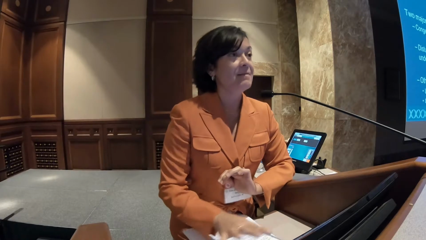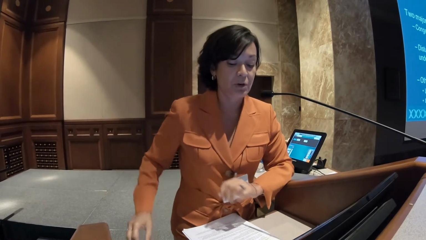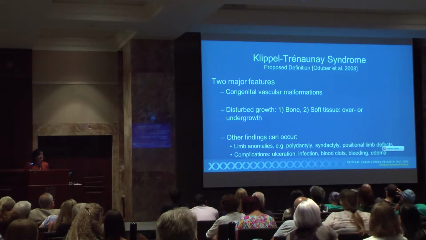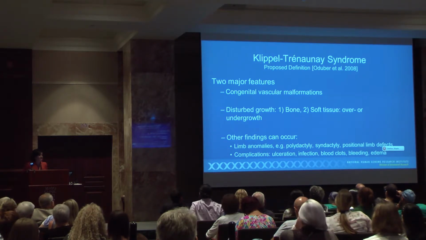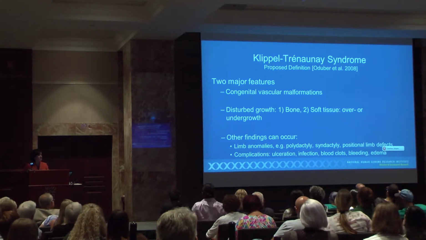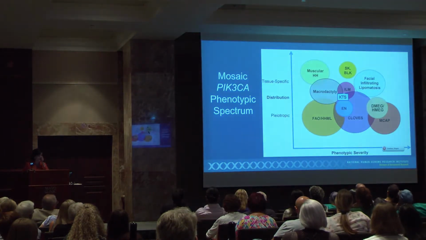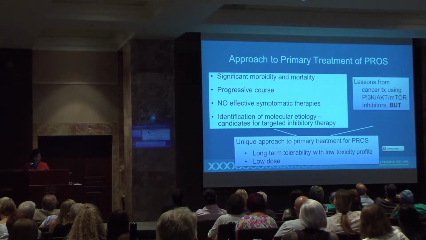And then they can have these other findings, they say, including the extra fingers and toes. And I hope you see that this is very similar, even though it predates ours, to what our clinical diagnostic criteria for PROS is. So it sort of highlights what I said in the beginning, that Klippel-Trenaunay syndrome likely fits into this whole spectrum of disorders that are caused by this mutation.